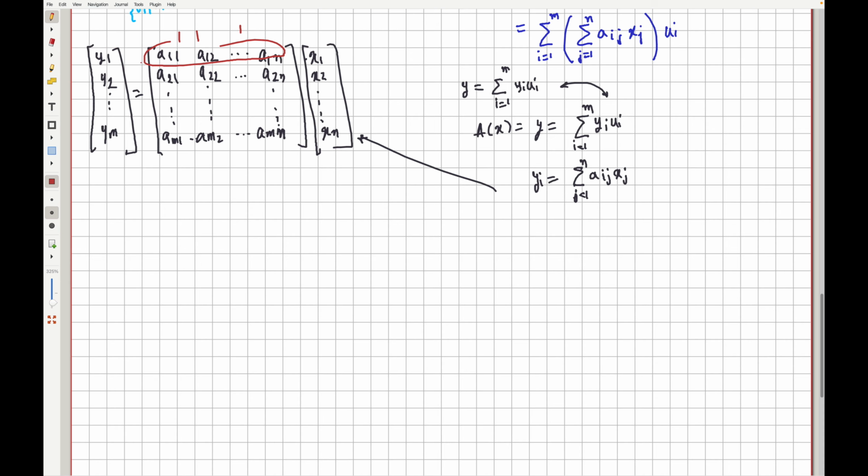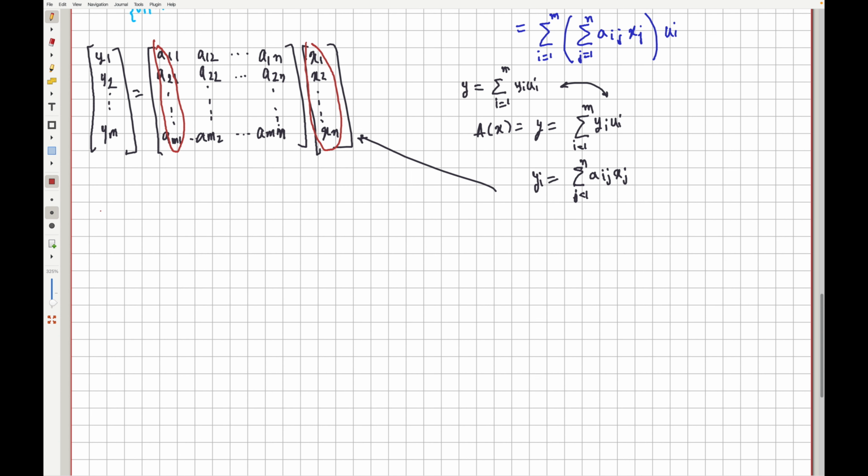On the other side, each column tells us how this vector will move or point in a specific direction in the new output space for that output vector.